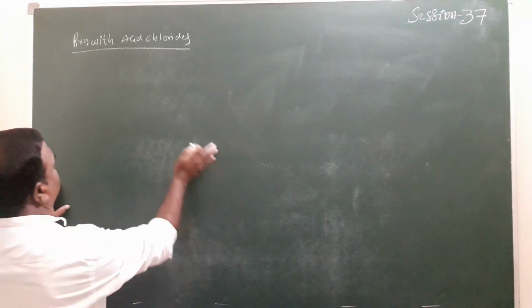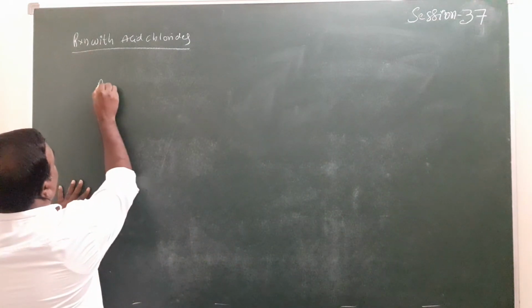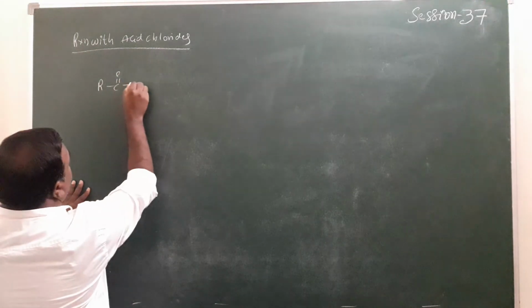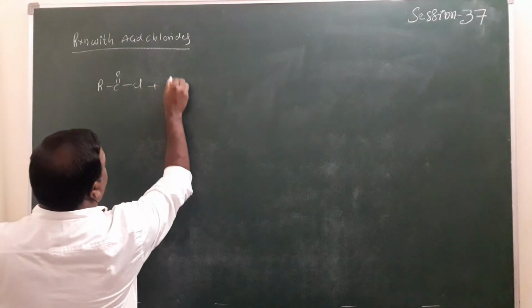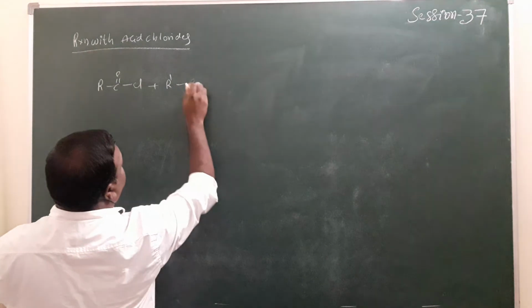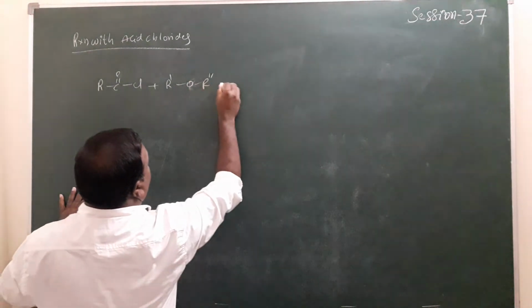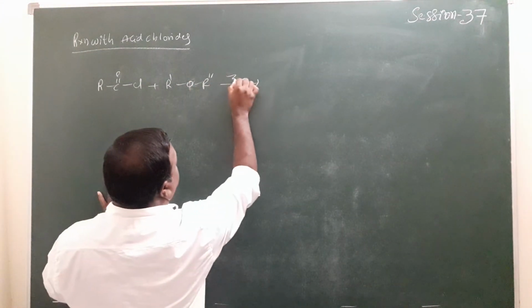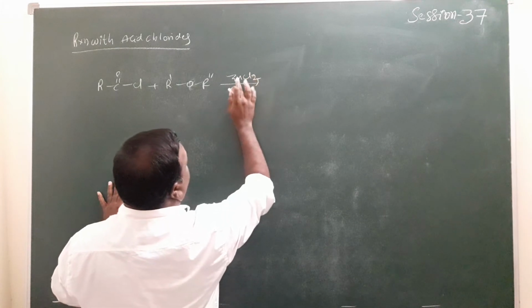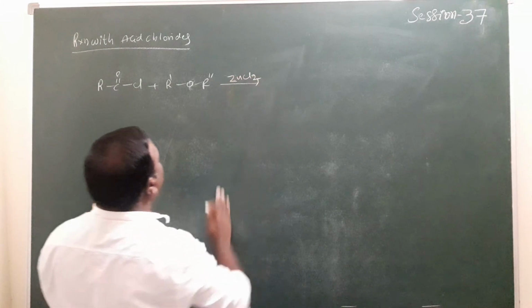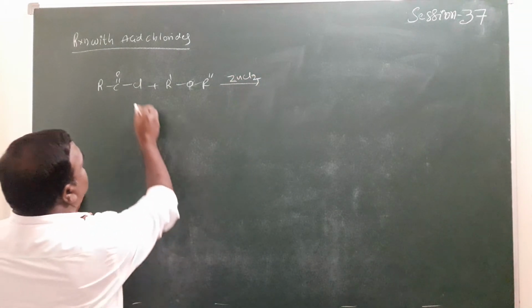Now we will see it here. Here acid chloride RCOCl plus ether ROR is given, with anhydrous ZnCl2. What will happen here?